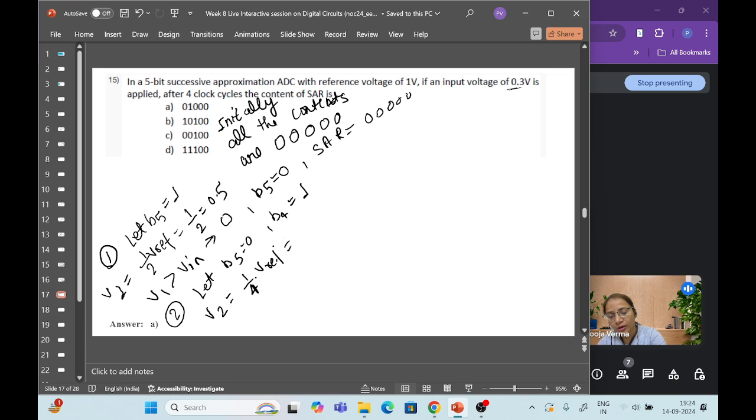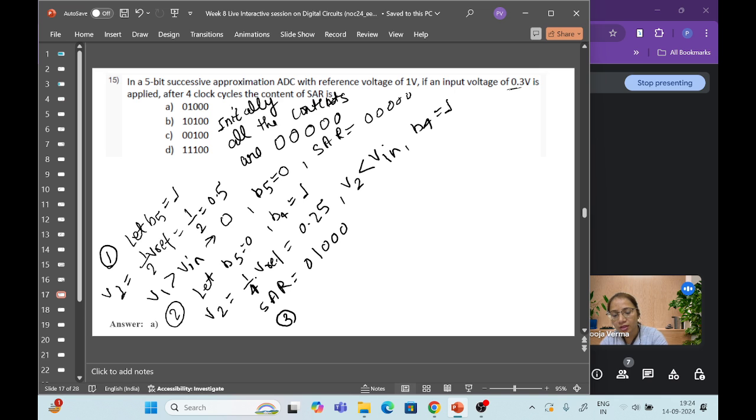So 1 by 4 V reference is 1, so that is 0.25 you will get, right? So now here 0.25, V2, is less than V in, because V in is 0.3 volt. That means whatever assumption we have taken, V4 is 1, that is true. So the content of the SAR will be 0, 1, 0, 0, 0 after the second clock pulse.